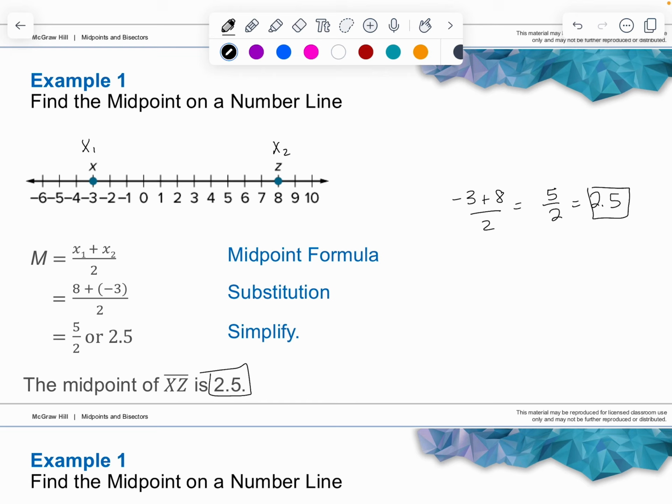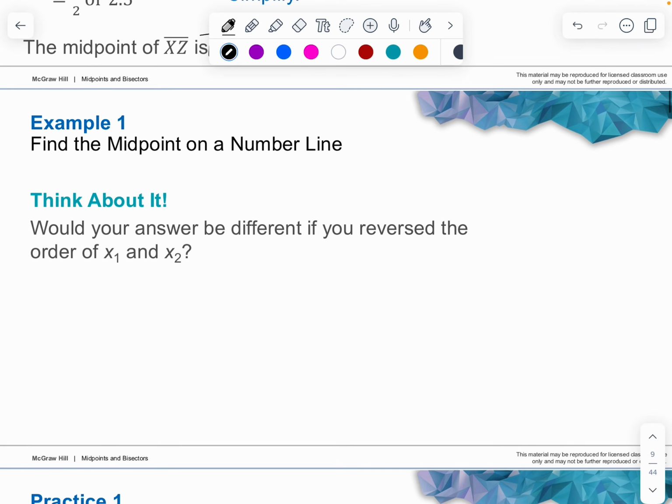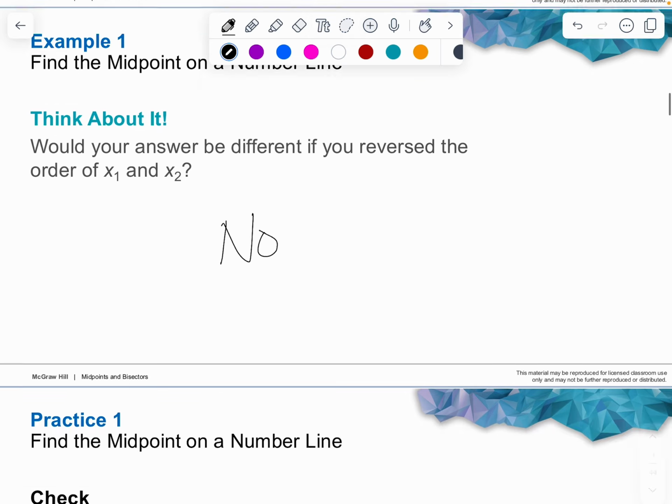So there is no directionality for midpoint. You can't screw it up. That's what I'm trying to say, okay? Oh, and look at that. That was the very next question. Would it matter? It does not matter. That's a big no.